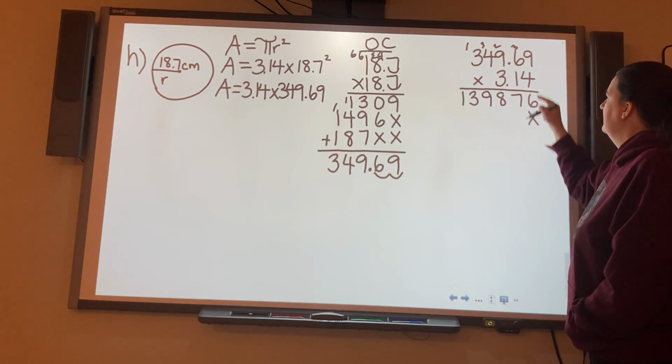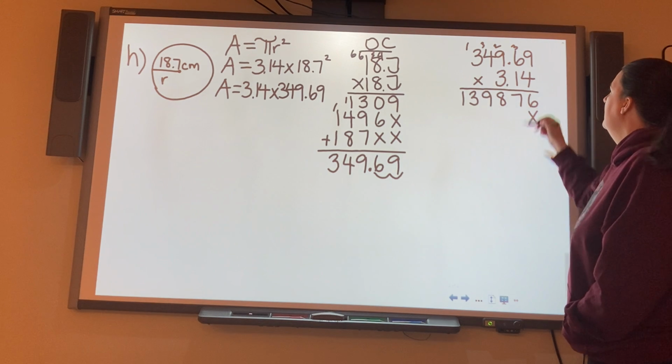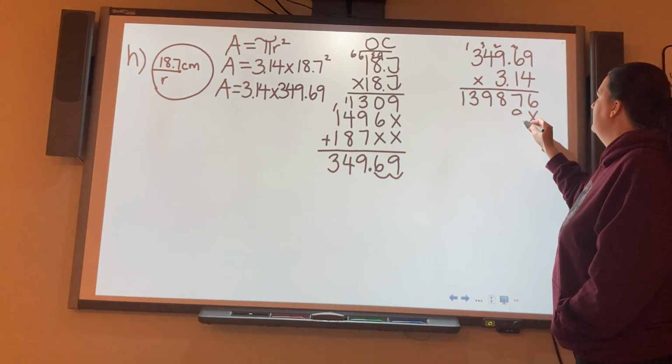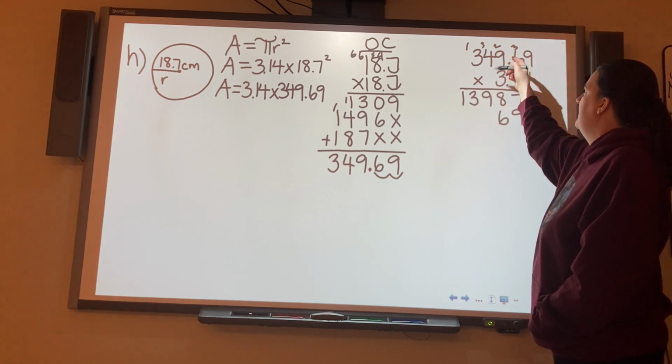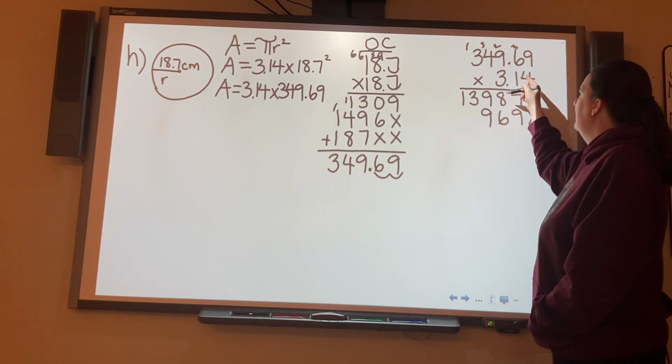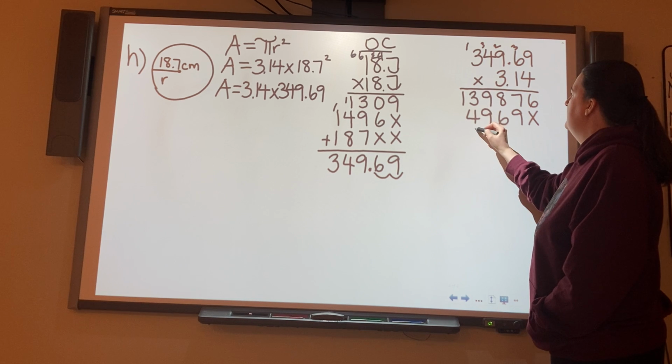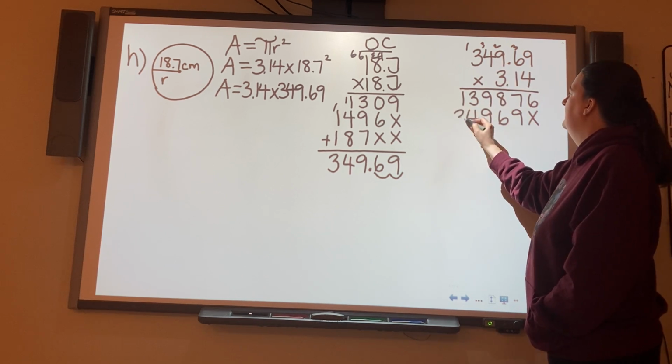Put your x, move to the 1. 1 times 9 is 9, 1 times 6 is 6, 1 times 9 is 9, 1 times 4 is 4, 1 times 3 is 3.